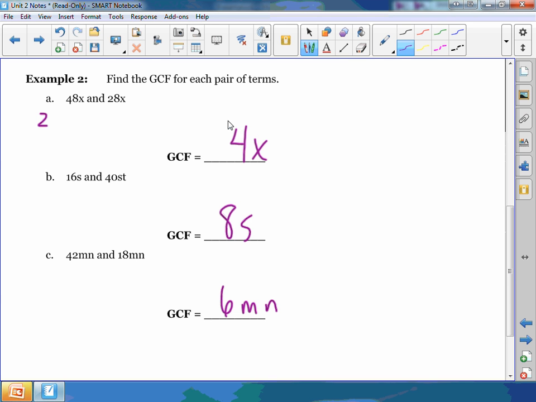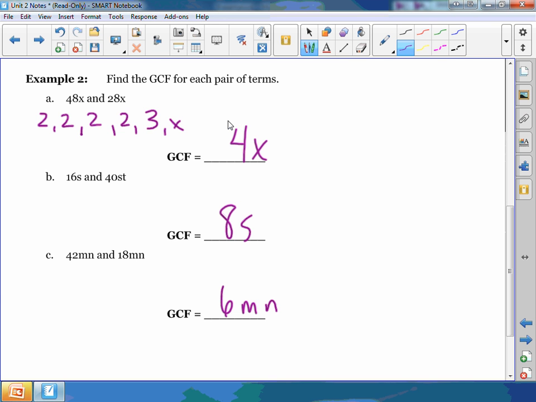Well, isn't 24 2 times 12? So I'll use that. 12 is 2 times 6, so I need another 2 there. 6 is 2 times 3. So 2 times 2 is 4, times 2 is 8, times 2 is 16. Is 16 times 3 48? Yeah. All of these numbers multiplied together give you 48, and then you have an x.